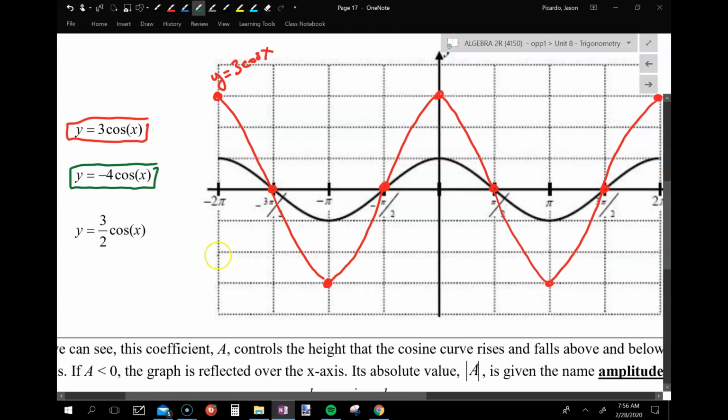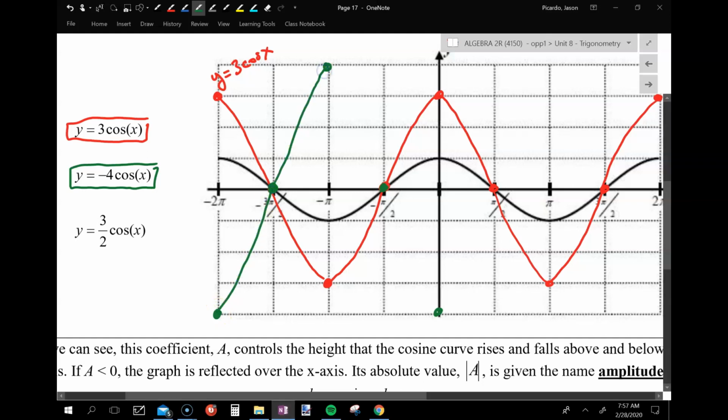So I'm going to go down to -4. Okay, this is 0. 0 times -4 is 0. This is -1. -1 times -4 is +4. And then 0. And then -4.